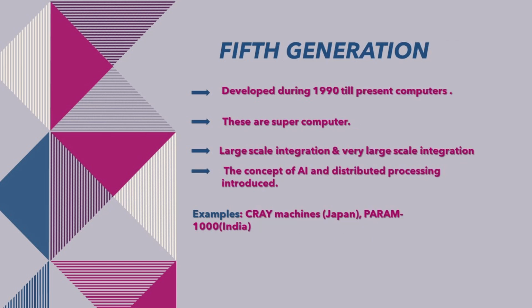Let's move on to the fifth generation of computers. The development of the supercomputer was the key motivation of the fifth generation of computers. Supercomputers were developed with super large scale integration. Millions of transistors were used in a single IC chip.